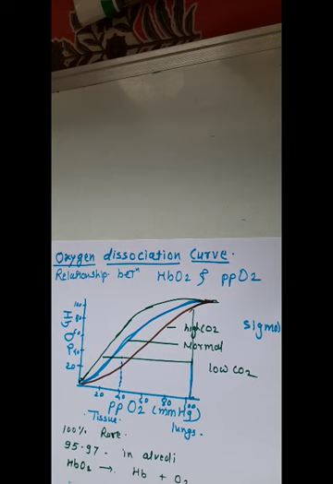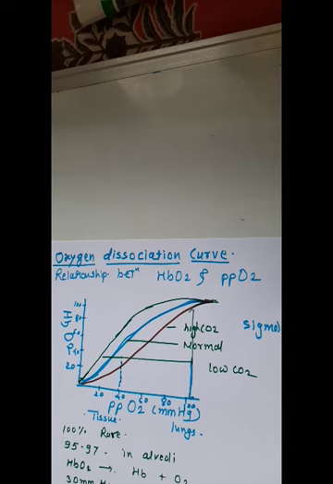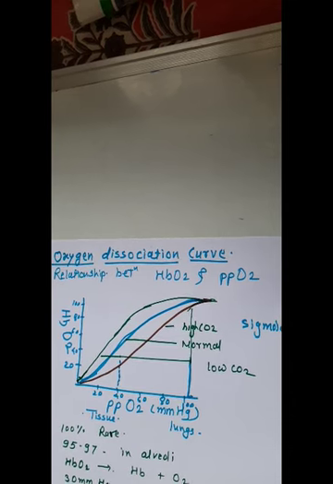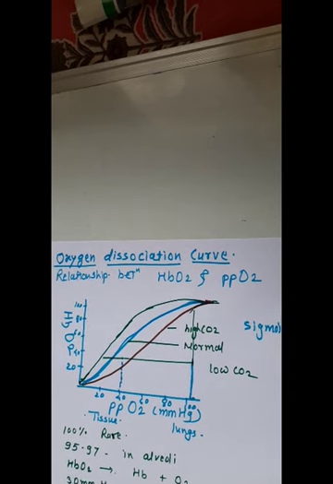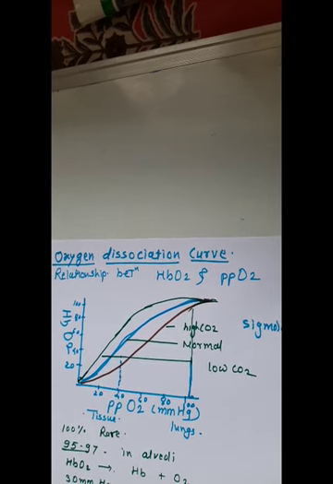At the tissue level, it is about 30 mmHg. The O2 tension, the partial pressure of O2, is about 30 mmHg, that is 50% saturation at the tissue level. At the alveoli level it is higher, at the tissue level it is lower.